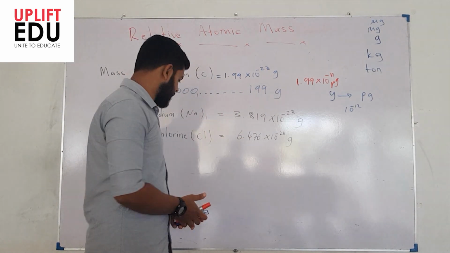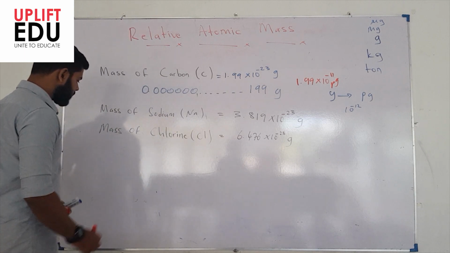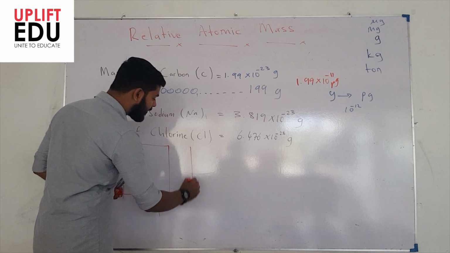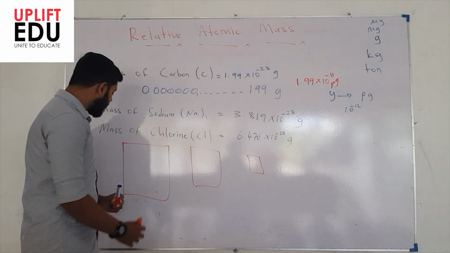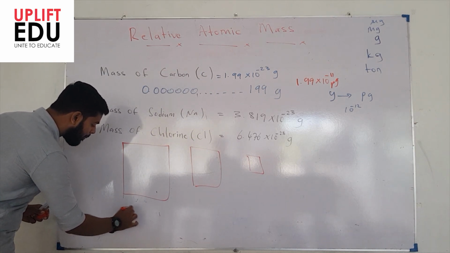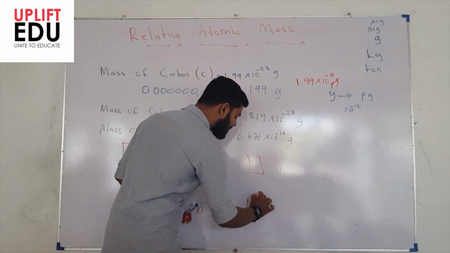The alteration is, for example, let me say I have a big cube, or let me say I have cubes in different sizes, and it comes as a small cube. Let me say the cube values are something like 10 to the power minus 9, 10 to the power minus 12, 10 to the power minus 3.